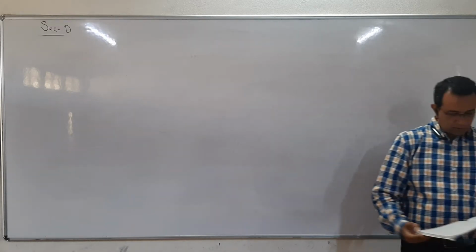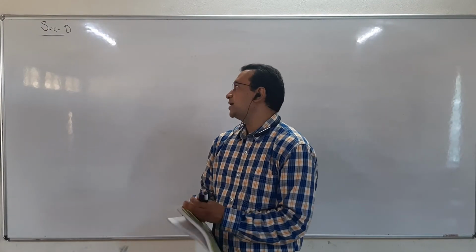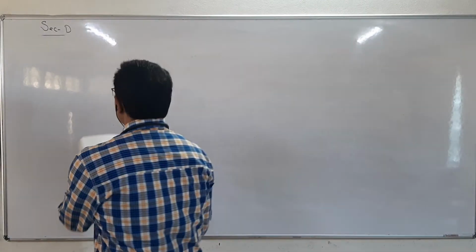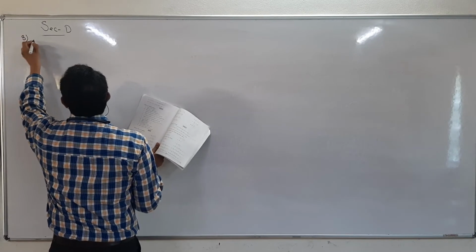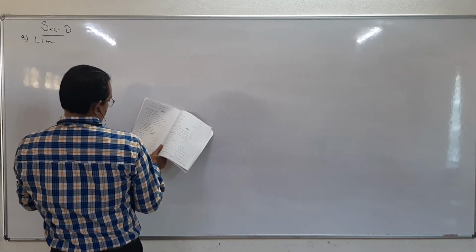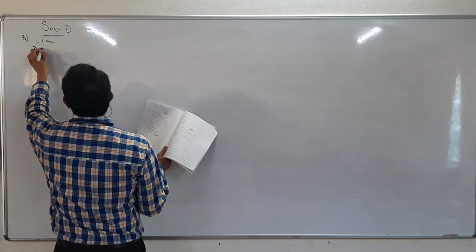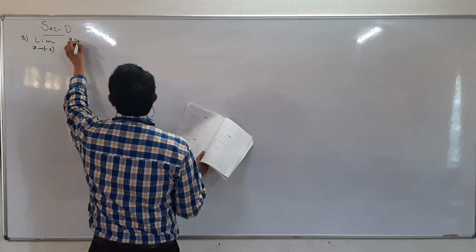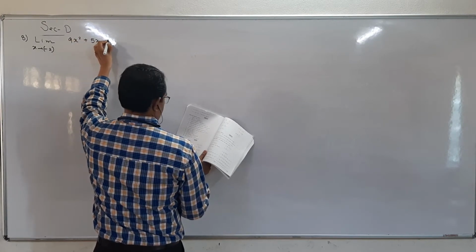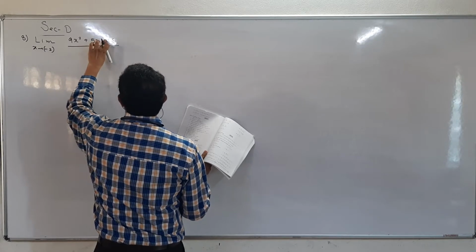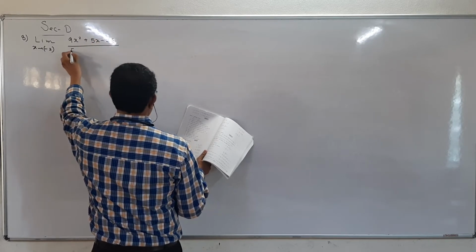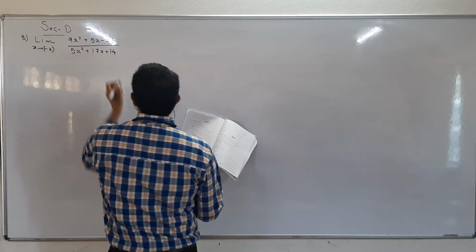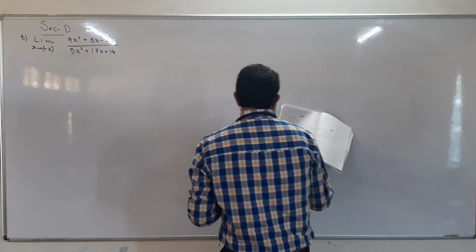Now, students, we are doing questions 8, 9 and 10. Our next target is to do questions 8, 9 and 10. So it is limit x tends to -2, (9x² + 5x - 26) upon (5x² + 17x + 14).